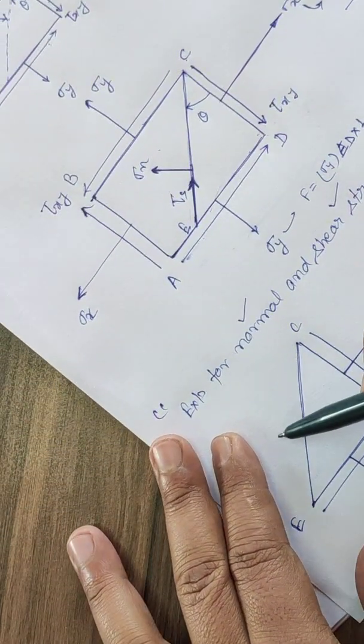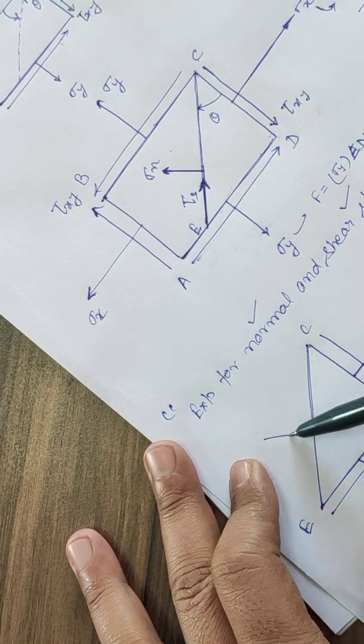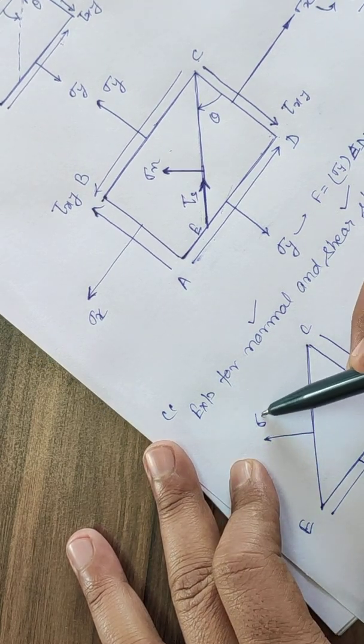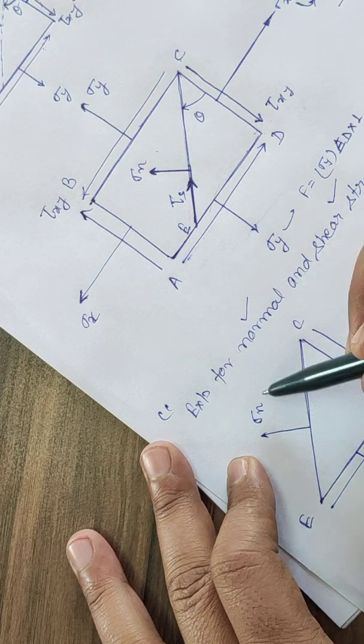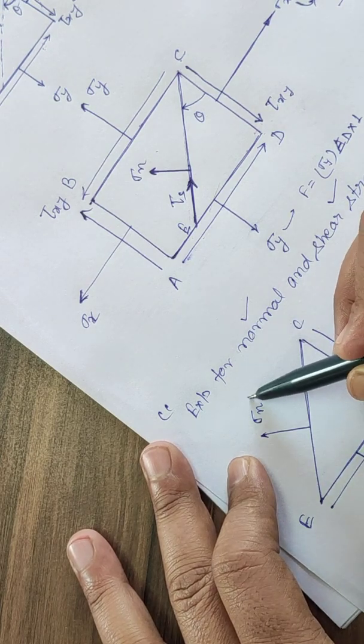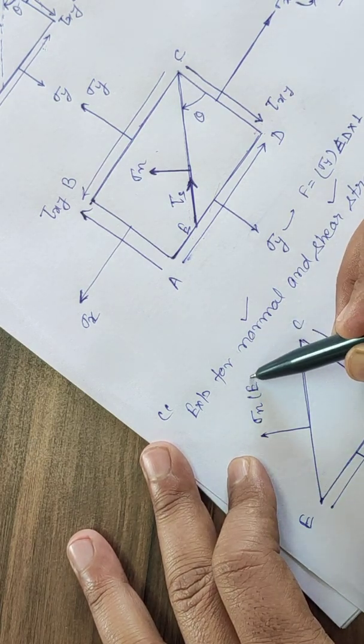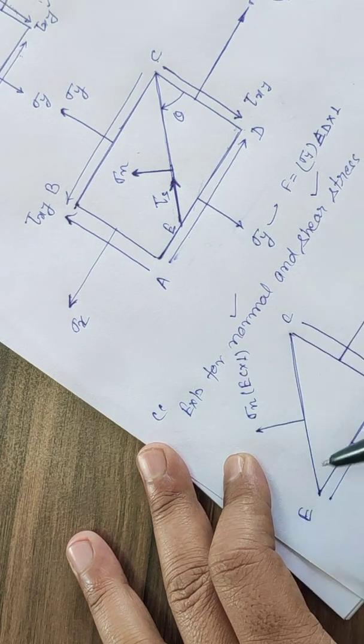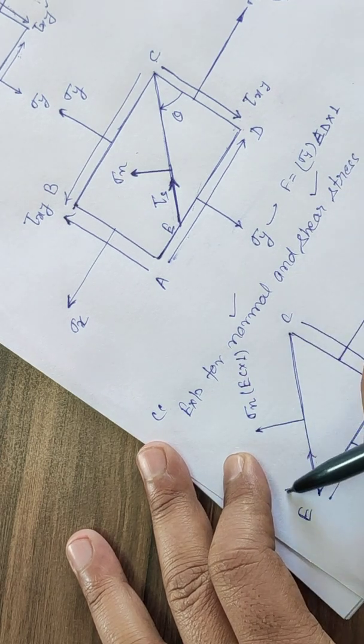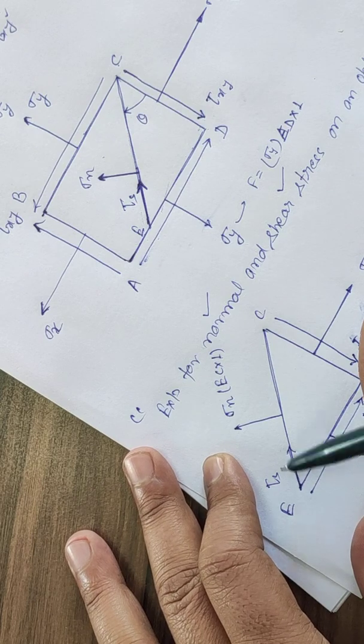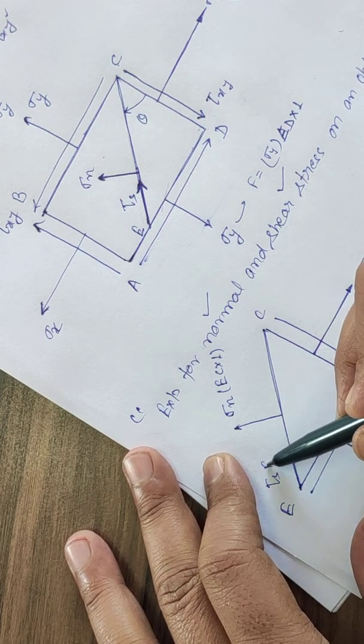Now we have the normal stress sigma n, then the force will be equal to sigma n into EC multiplied by 1. Here we have tau s, then tau s multiplied by EC multiplied by 1.